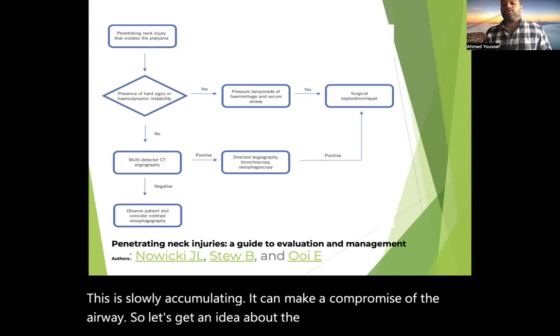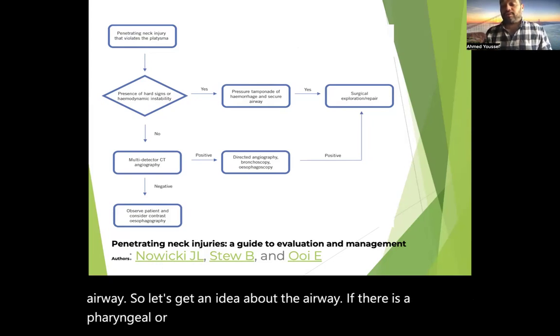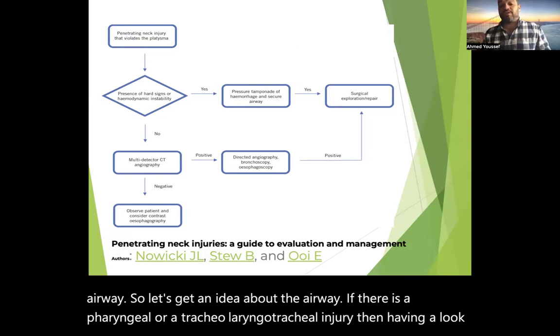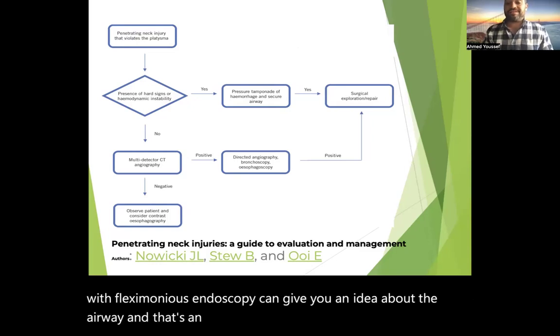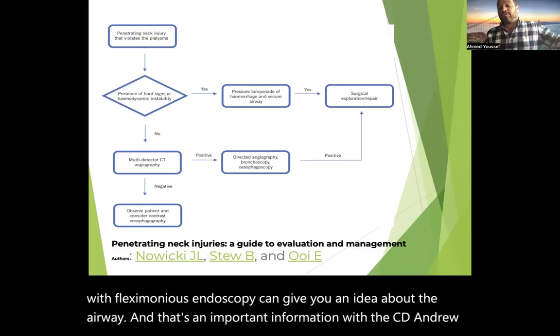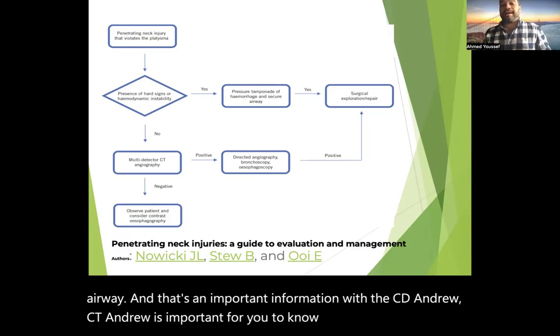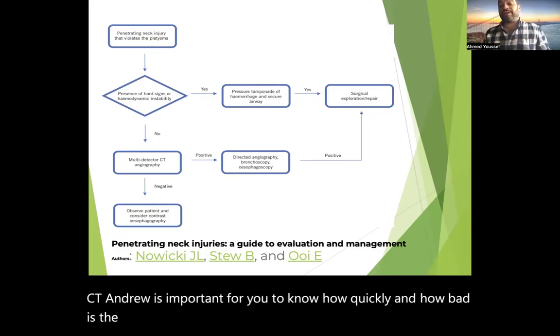If there is a pharyngoesophageal or laryngotracheal injury, then having a look with a flexible nasal endoscopy can give you an idea about the airway. And that's important information along with the CT angio. CT angio is important for you to know how quickly and how bad the situation is and how you can fix it.